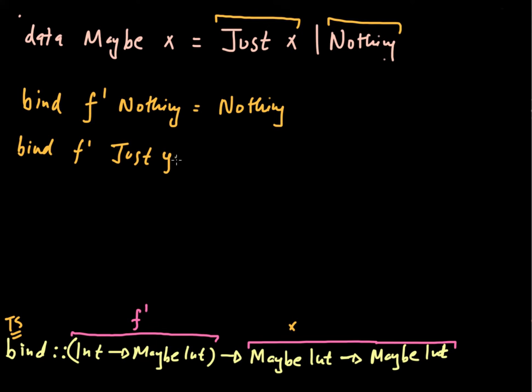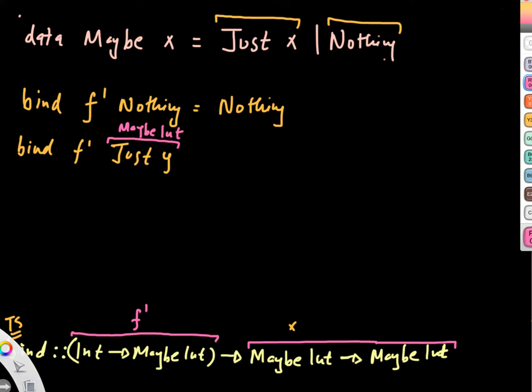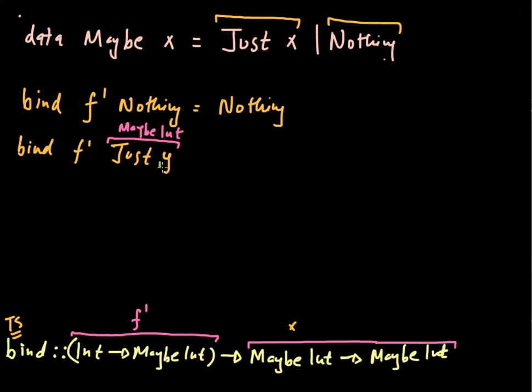And y, to be a little more specific with this type signature, is of type Integer. Again, just keep in mind that this entire piece over here is of type Maybe Integer, and this piece over here, y, is of type Integer. I'm just being consistent with the type signature that we had set up in the last video.